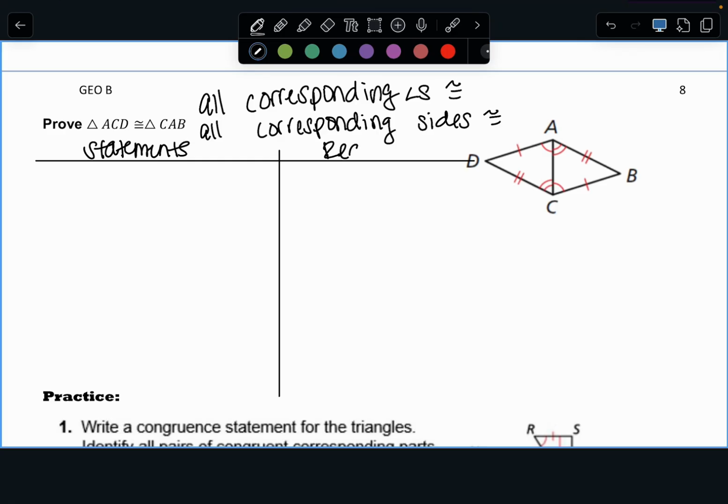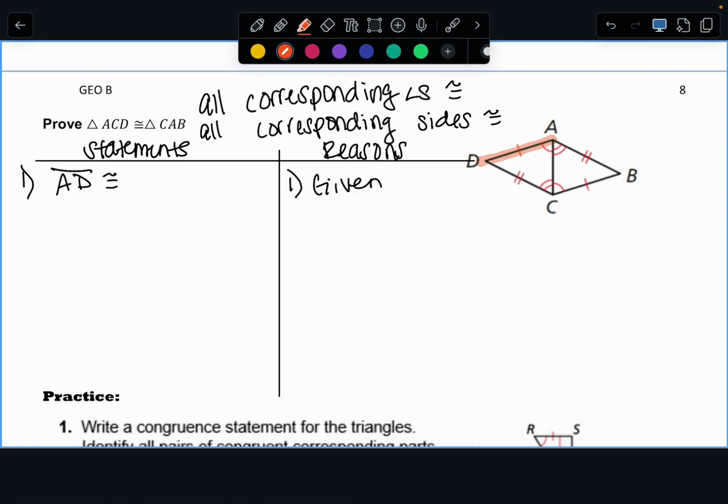What's the first line of any proof? Given. Okay, so my given line is just what my picture tells me. You don't have a given statement over here. You're just given the picture. The picture tells me a few things. First, it tells me that AD is congruent to what?